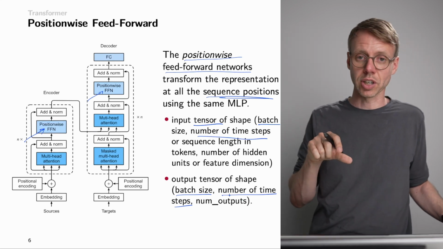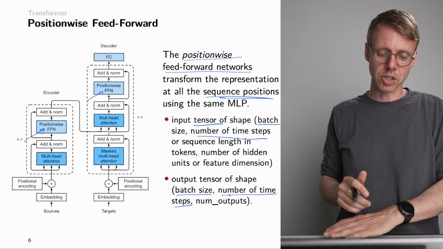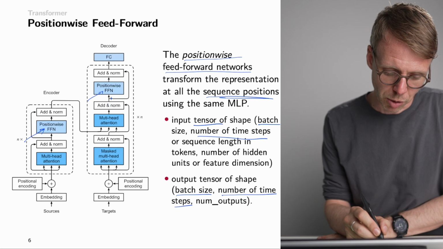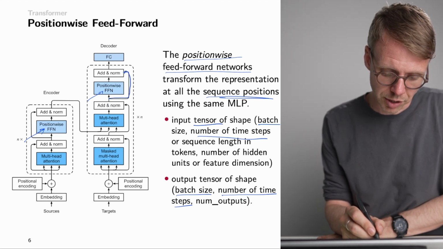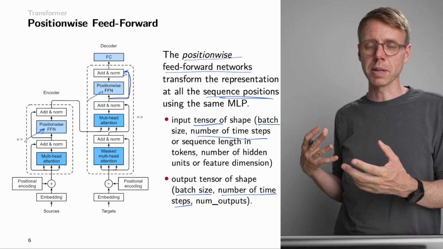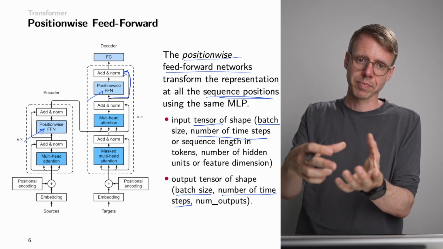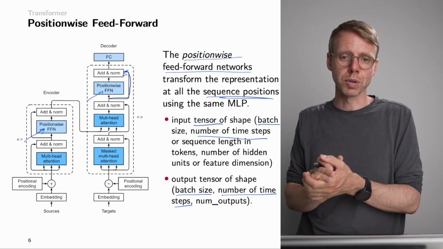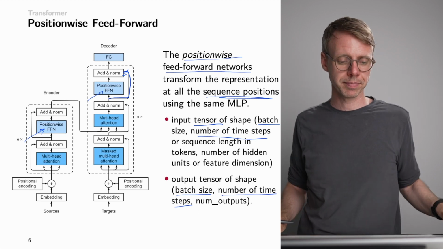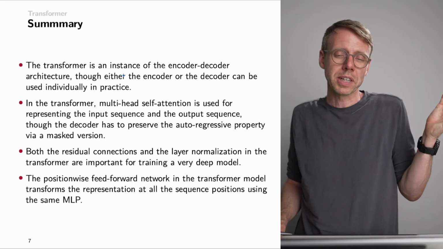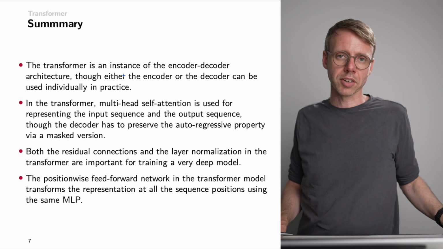In this case, actually, the input and the output dimensions have to be identical because we're always adding these residual connections. In order to be able to add the input to the output, they, of course, need to match in dimensions. Now, this was already all about the transformer architecture.